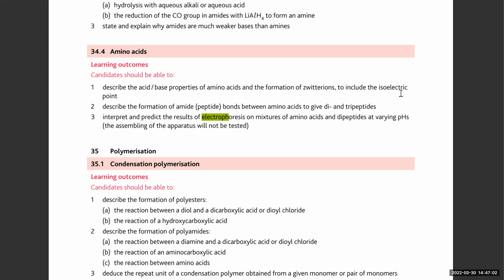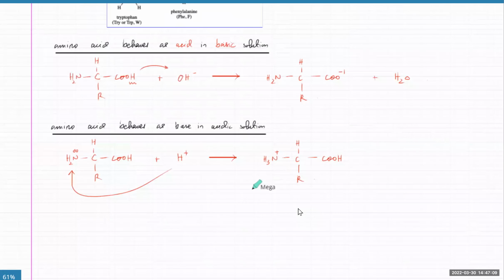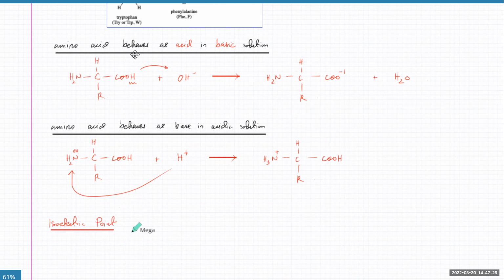So the isoelectric point is, try to understand what this point is, and that's linked to this thing. So the isoelectric point, remember this thing, the carboxylic acid in basic medium loses the H+1, and the amine in acidic medium would gain H+1 ions.